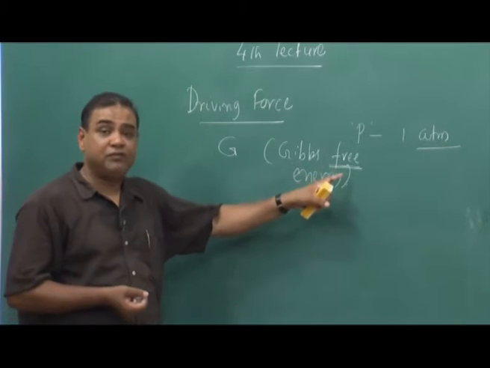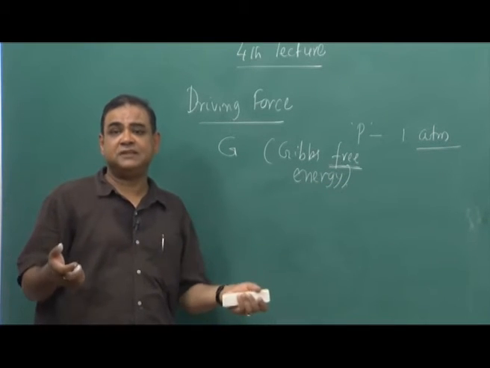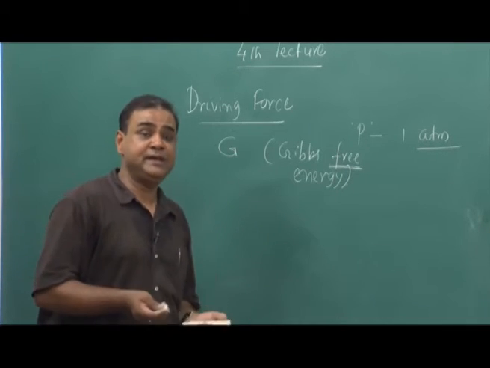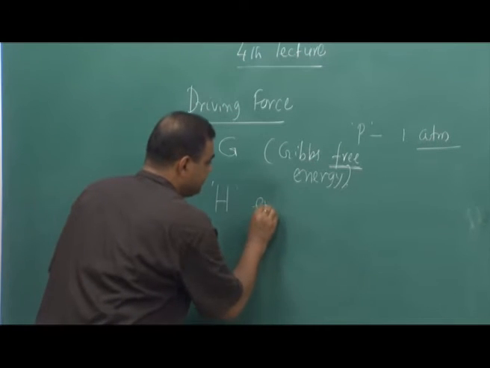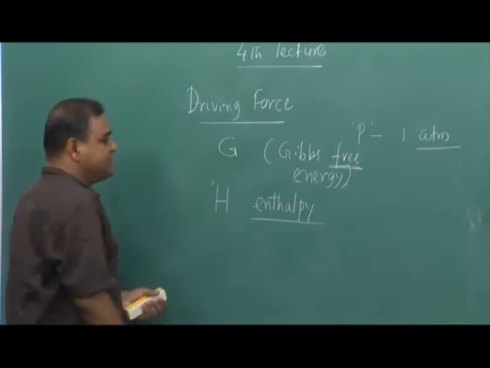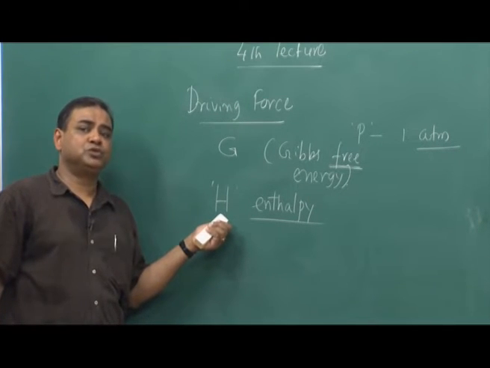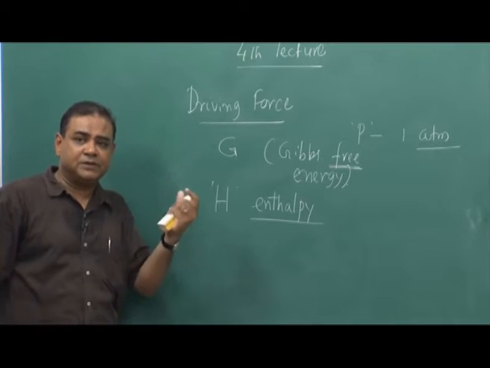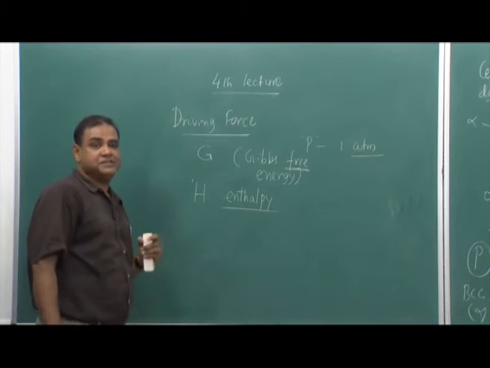That is why it is called free energy. In a system, we have a lot of energy, which is decided by the total heat content of the system, which is called enthalpy. But this total heat content of the system would not be available to do the work. Rather, a part of it will be available to do the work, and that is free energy.